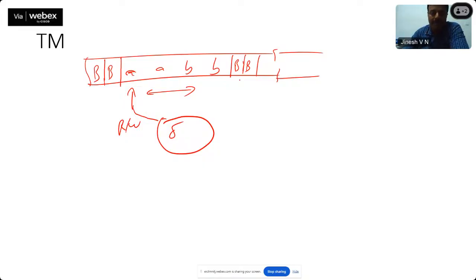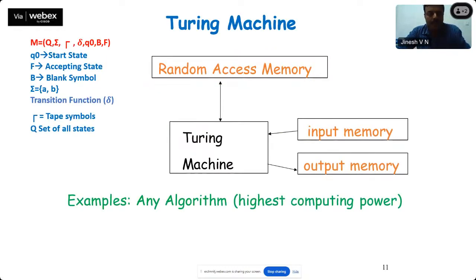Once you reach the blank symbol, you will come to know the present string is over, so that you can have another string also here. After the B you can have another string, so that you can have multiple programs to run on the system. So that is what a Turing machine is.